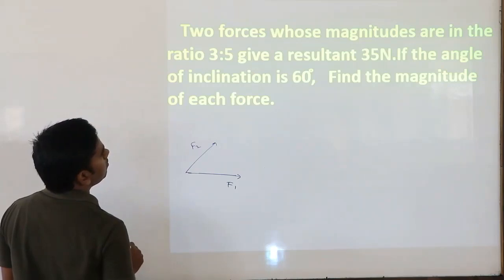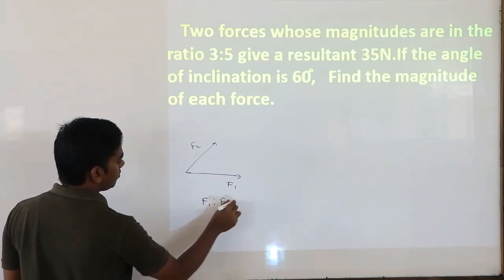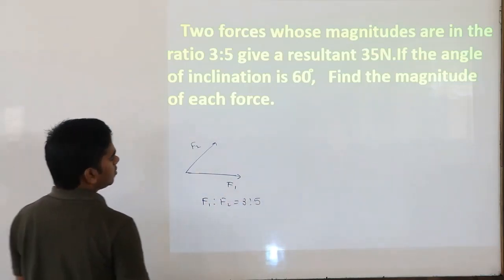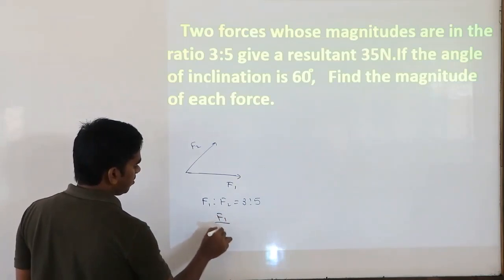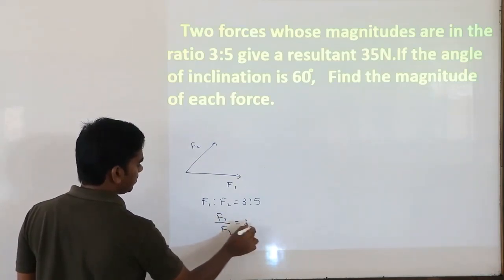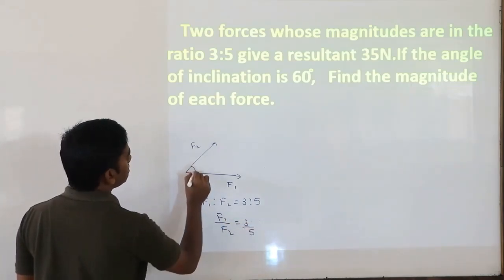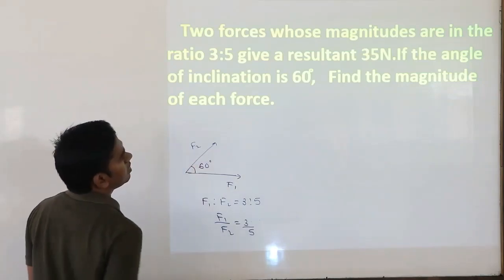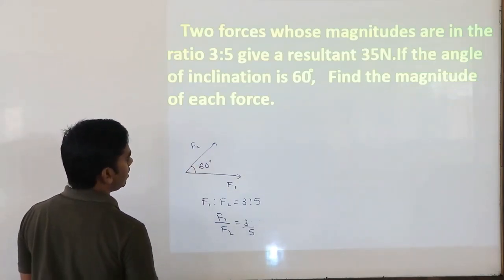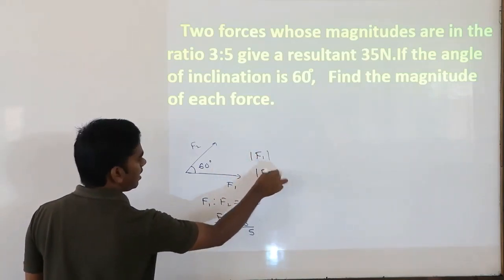They are in the ratio of 3:5. That means F1 is to F2 is 3:5, or you can simply say F1 by F2 equals 3 by 5. Now the angle between them is 60 degrees, and they are asking for the magnitude of F1 and F2.